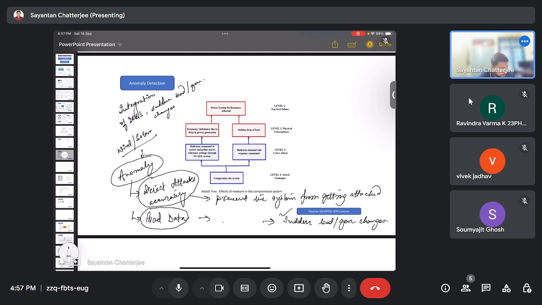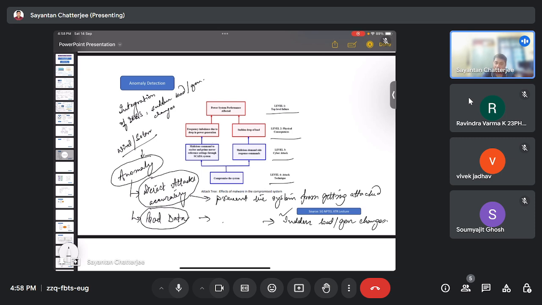So here are the means by which an attack or system malware can compromise the power system, so that the power system performance gets affected. Firstly, top level failure, physical consequences, cyber attack detected, attack technique.